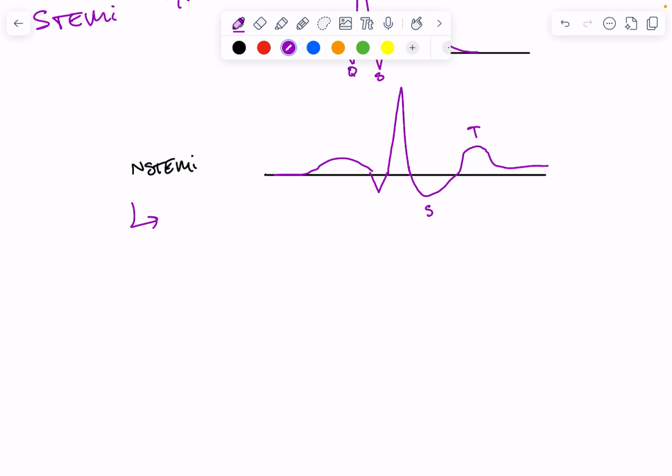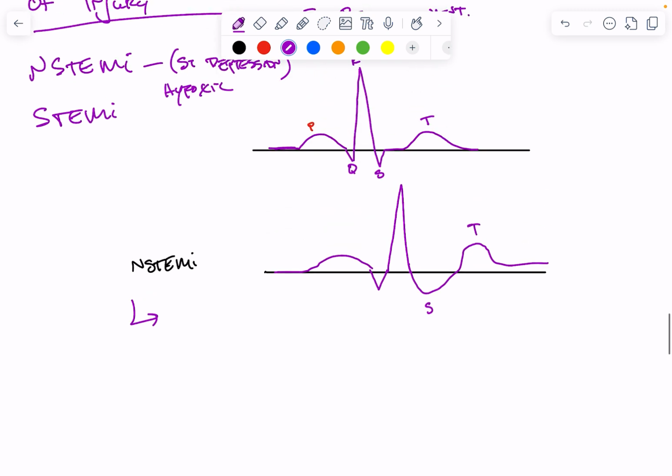So anyway, there are vessels that supply blood to the heart, and if they get blocked, what's going to result is cells that don't receive the nutrients that they need, and so they're going to start dying. And because they start dying, it's going to change how they receive signals, and so it's going to look vastly different on the electrocardiogram than normal.